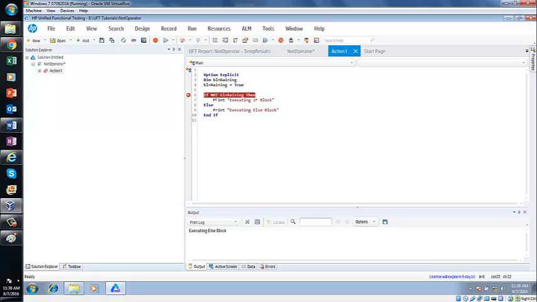Take a look here. Whatever we are supplying in NOT, it is making it opposite. Now this condition, you can write it in this way. You can write it in another way. What is the other way?